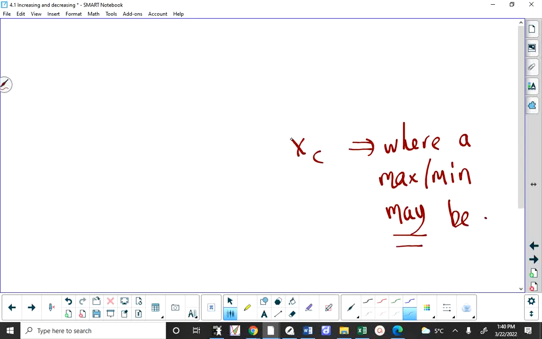A critical value of x is a value of x that we are suspicious might be the location of a max or min. And this is where the derivative equals 0 or the derivative is undefined, right?